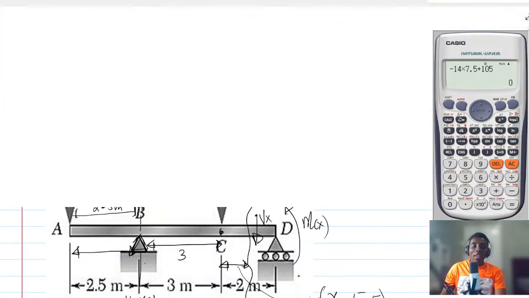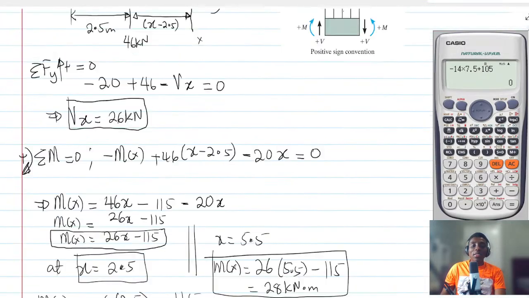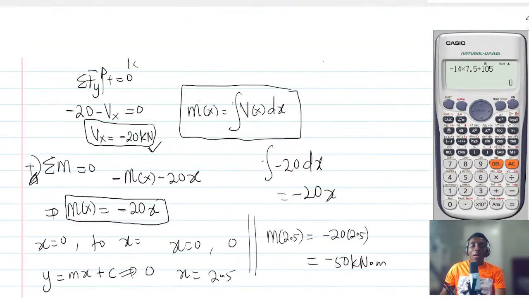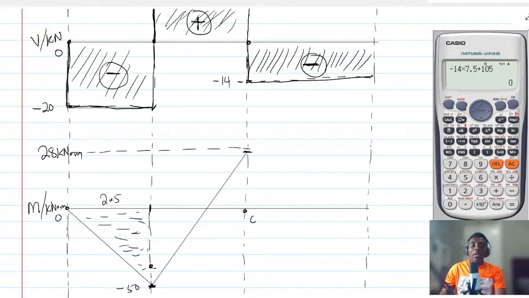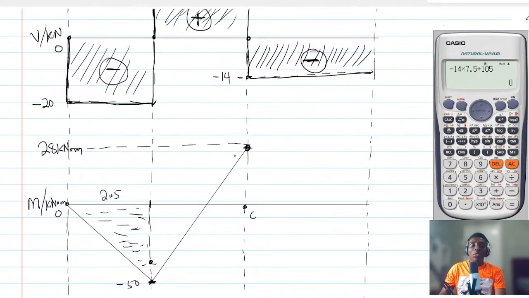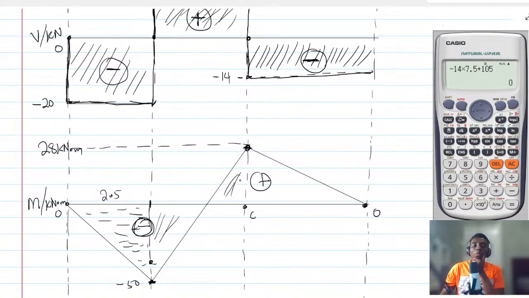It means that at the last point, the moment is 0, which means our moment will come back all the way here at 28 and come to 0. So at this point, this one was negative moment, but this one was positive moment. And the maximum moment occurs at C. So this is what we call the critical moment.